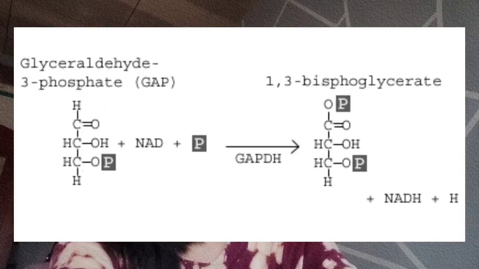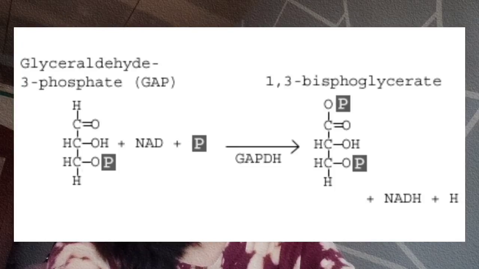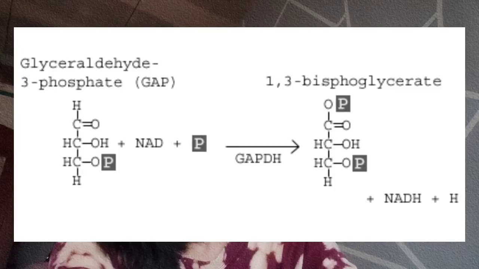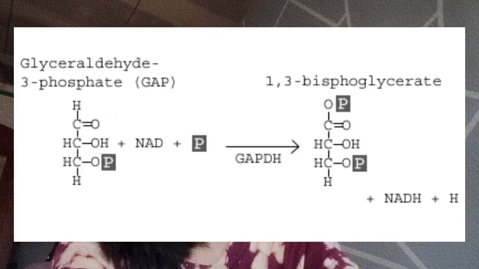In this step, two main events take place. Glyceraldehyde triphosphate is oxidized by the coenzyme nicotinamide adenine dinucleotide, and the molecule is phosphorylated by the addition of a free phosphate group. The enzyme that catalyzes this reaction is glyceraldehyde triphosphate dehydrogenase.